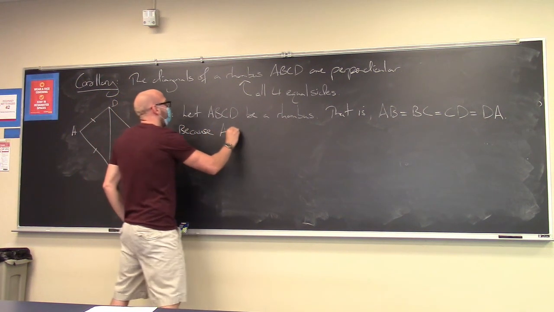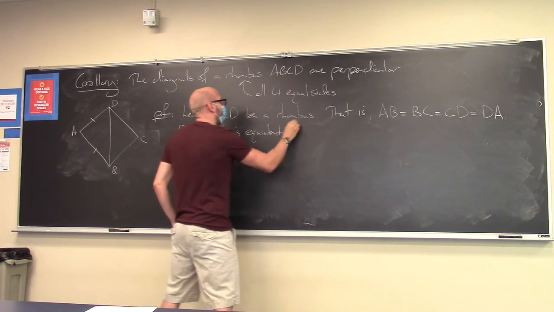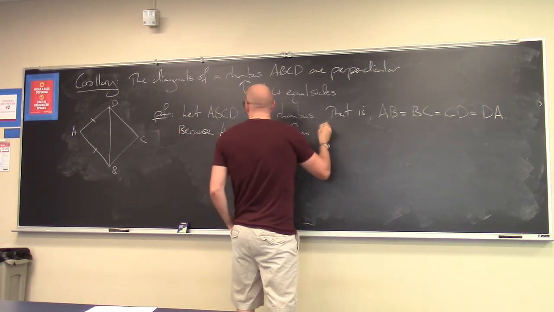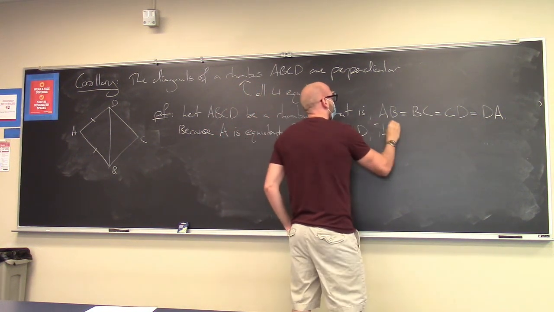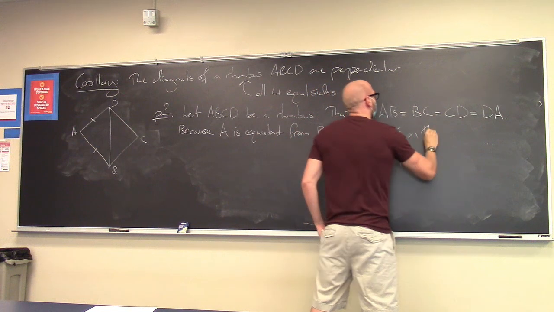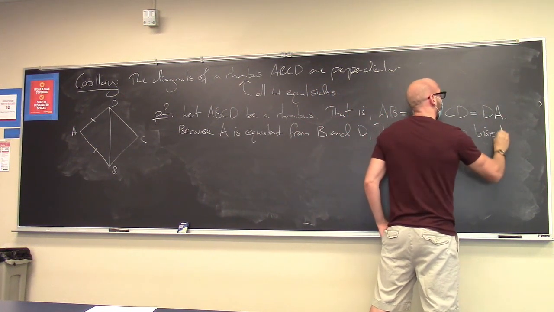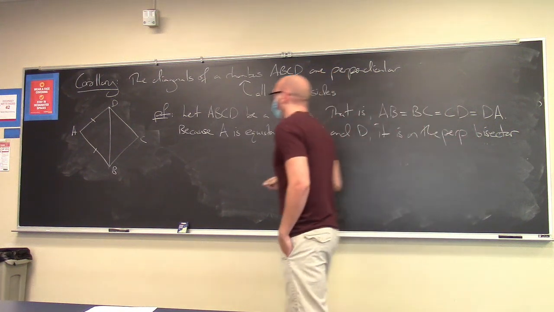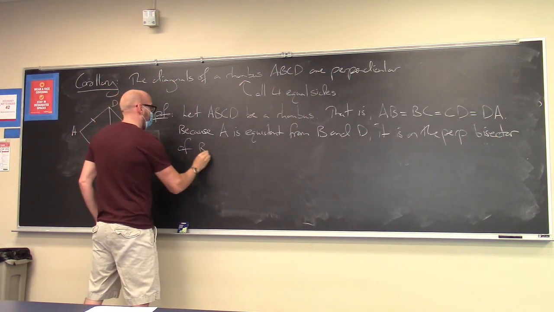Because A is equidistant from B and D, it is on the perpendicular bisector of BD.